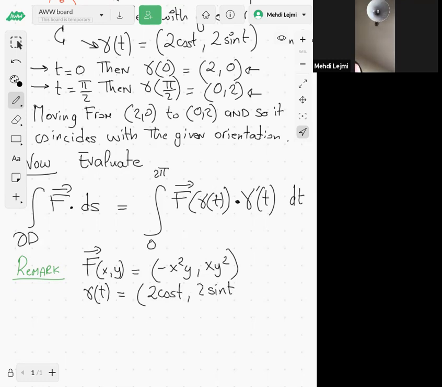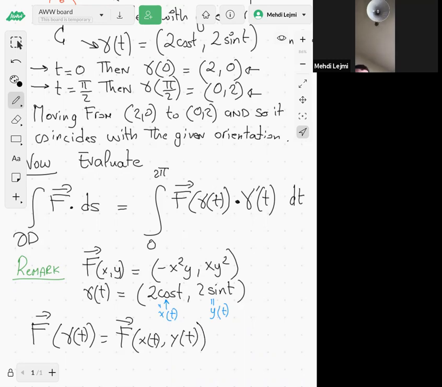So what we are saying, guys, is that f of gamma of t is just f with x along the curve C and y along the curve C, which means that my x is equal to 2 cosine of t, and my y is equal to 2 sine of t.